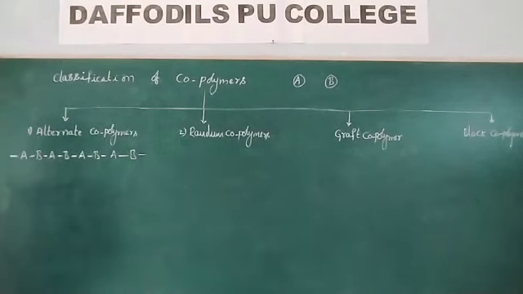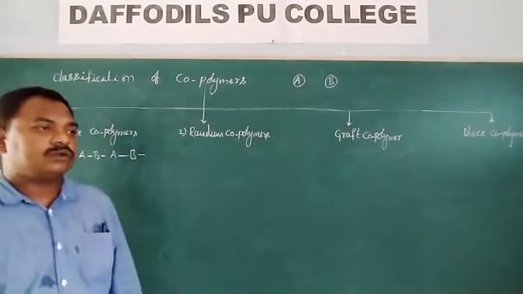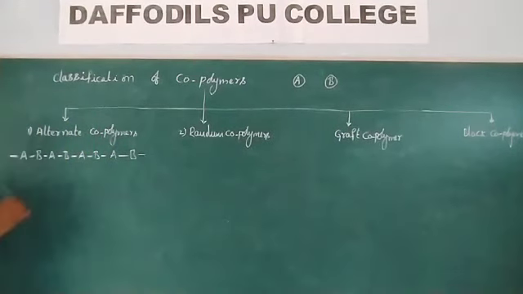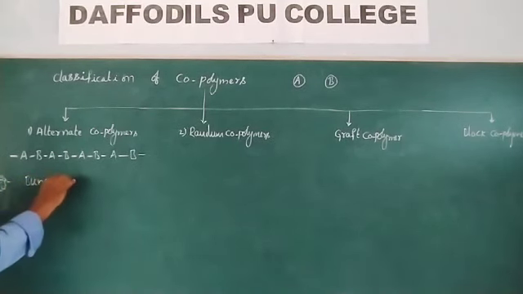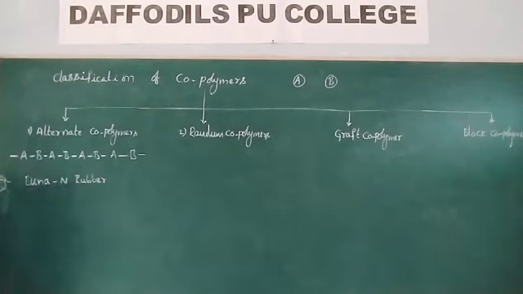Examples for this are Buna-N rubber and Buna-S rubber. Take the example of Buna-N rubber. Buna-N rubber contains two monomeric units. The first one is 1,3-butadiene.